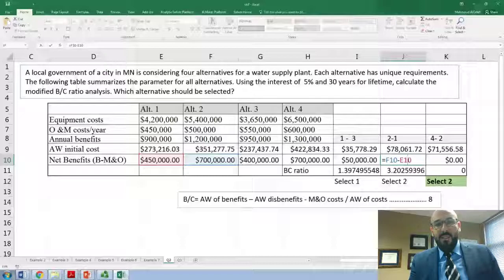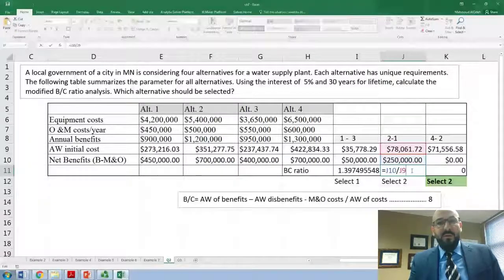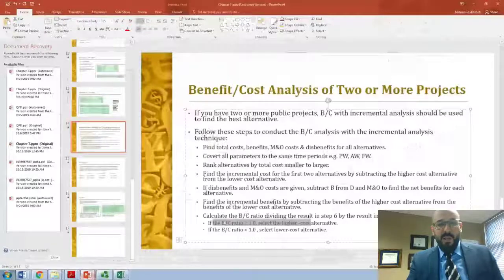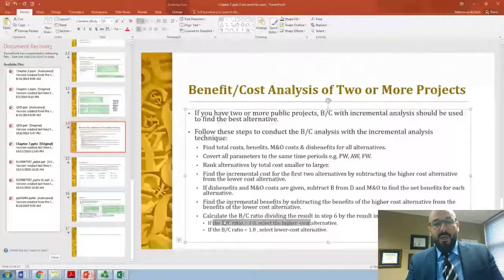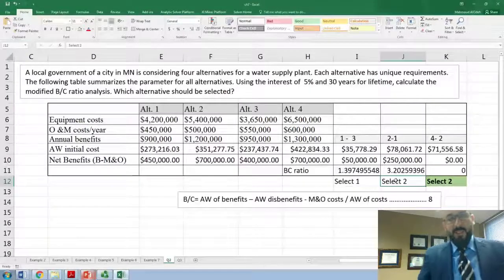You subtract the net benefit for alternative 1 from the net benefit for 2, and then divide the benefit over the cost to find the BC ratio. We have 3.2. Again, going back to this rule of thumb, if the BC is higher than 1, then we select the alternative that has a higher initial cost, and we eliminate the alternative that has a lower initial cost. In this case, we eliminate 1 and we select 2.